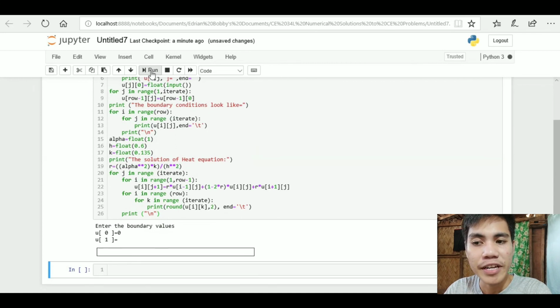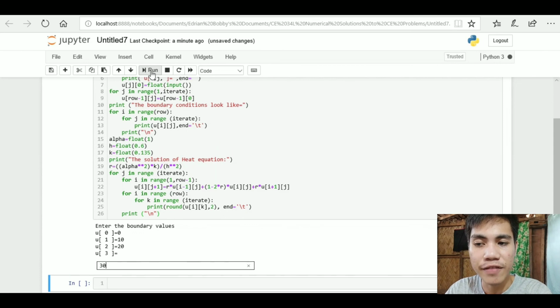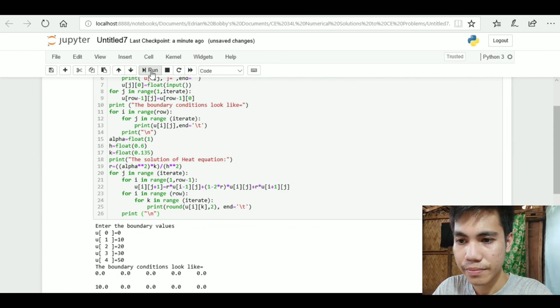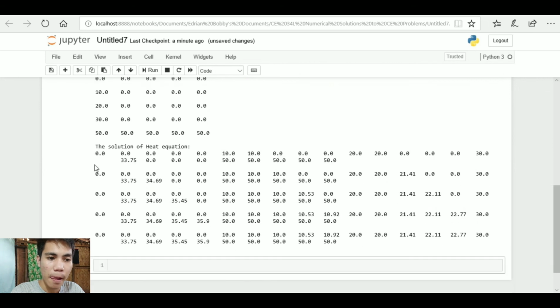We have to enter the boundary values 0, 10, 20, 30, 50. So the boundary conditions look like this, just like what is shown in the PowerPoint presentation. And this is the solution of the heat equation.